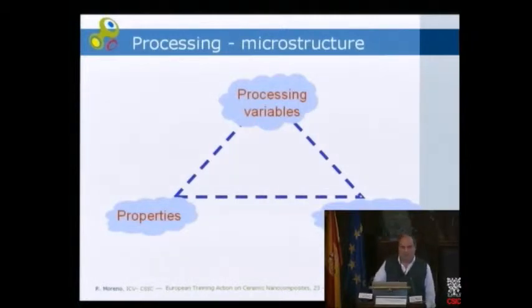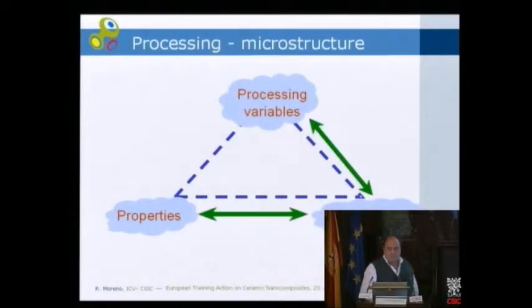We all know that all the steps in a ceramic processing schedule are interconnected. All defects introduced during one stage are maintained in the following steps. So we have to consider the relationships between properties, processing variables, and microstructure. These interrelations are not direct.